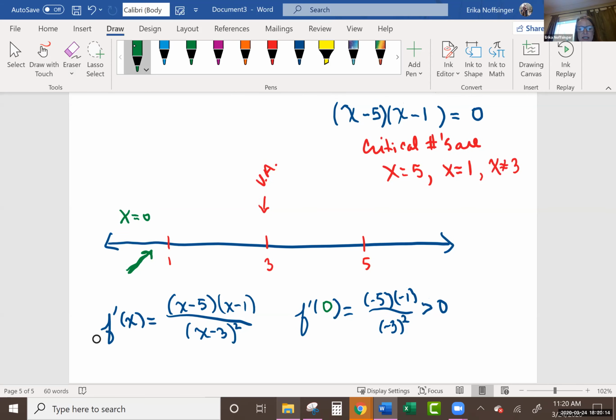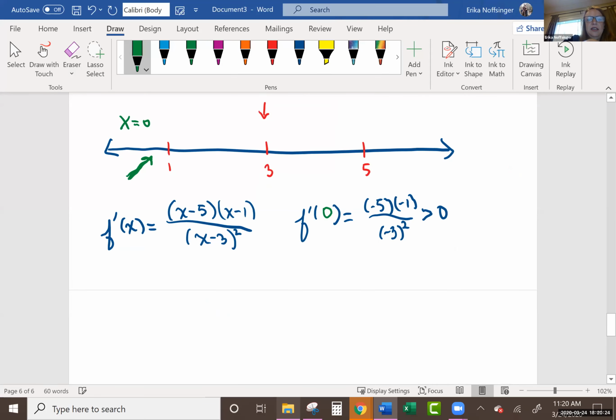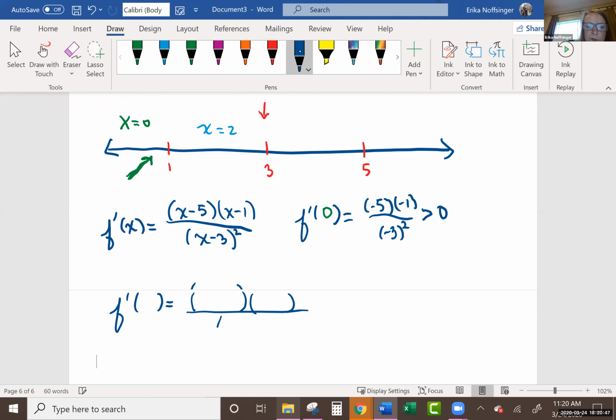Same kind of idea, we're going to plug in a value on the right of 1. So let's plug in x equals 2. Plugging in 2 wherever we see an x in our derivative function, we have 2 minus 5, all times 2 minus 1, all over 2 minus 3 quantity squared.